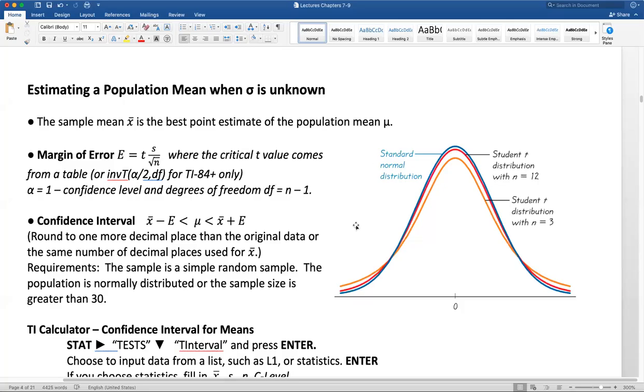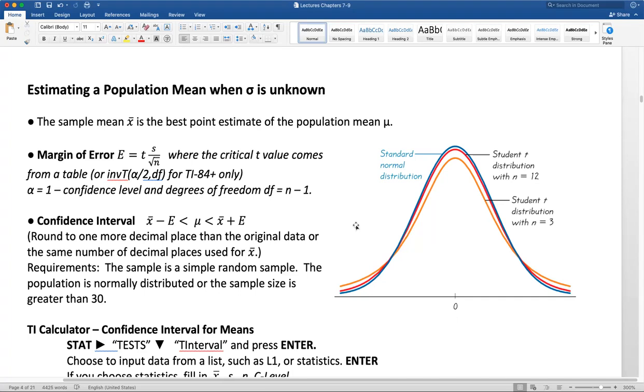All right, in this video, I'm going to go over section 7.2, estimating a population mean when sigma is unknown. So chapter 7, we're studying how to estimate population parameters. In this section, the goal is to study the method for using a sample mean X bar to make an inference about the value of the corresponding population mean mu.